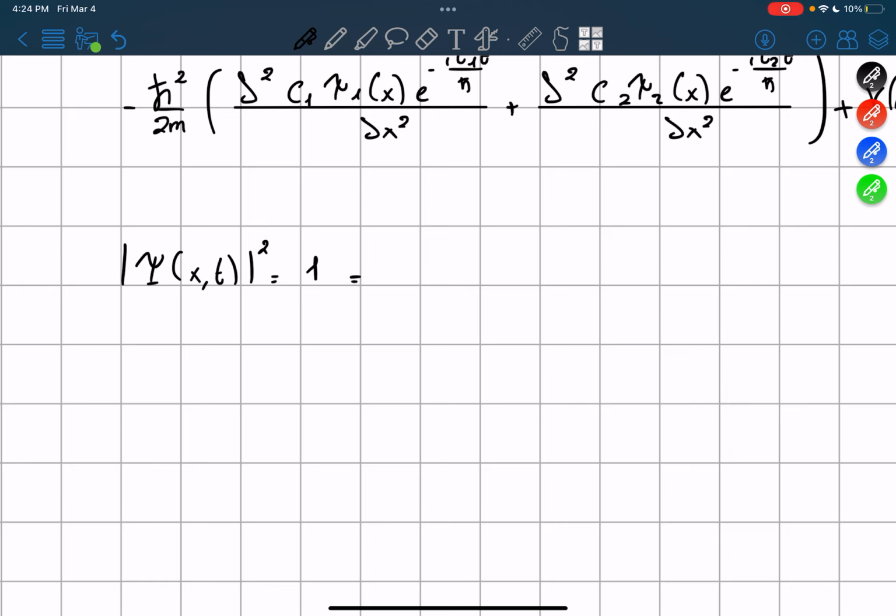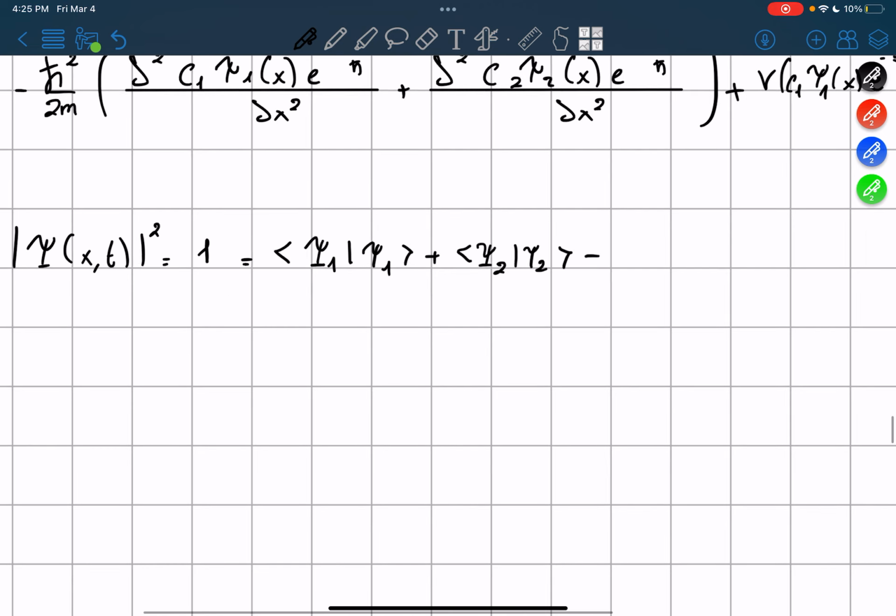So for the first two, of course, it's going to be the multiplication between psi 1 and psi 2, plus psi 2 with psi 1 and psi 2 with psi 2.